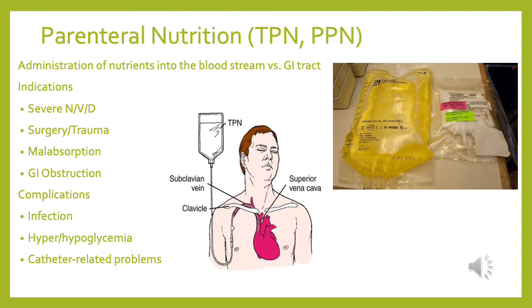Another indication could be surgery or trauma that renders the patient incapable of ingesting foods for weeks to months. There may be a malabsorption problem, and what I mean by this is that maybe the small intestines aren't able to absorb the nutrients properly, or there could be a case of short gut syndrome where there's only a very small amount of the intestines remaining, so they don't absorb the nutrients that they need to, and this is where PPN is usually used, and sometimes in severe cases, TPN.